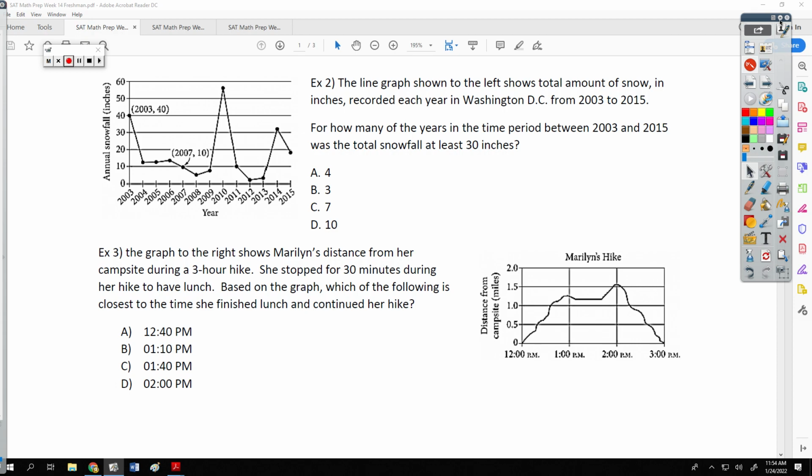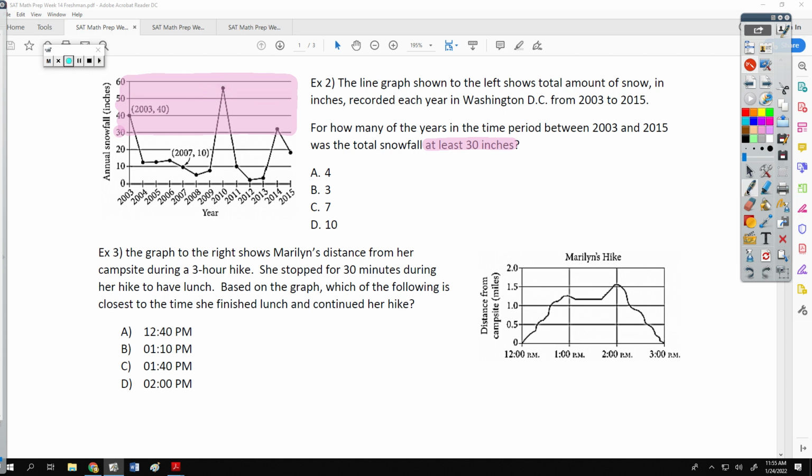Okay, it says for how many years in the time period between 2003 and 2015 was the snowfall in Washington, D.C. at least 30 inches. So if we go to the graph, we can locate 30 inches right here. So we're saying we're looking for any point that is at least 30 inches. That would be any point that is above the line y equals 30.